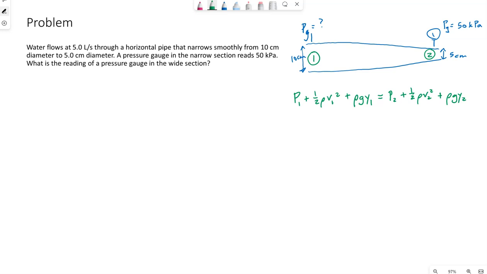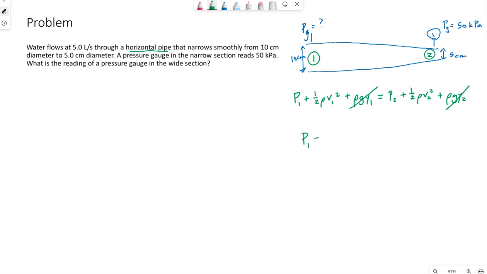All right, so since the pipe is horizontal, there is no change in height, so we don't actually need the rho g y terms. Well, they become 0 because y1 is equal to y2. That simplifies our equation a little bit.